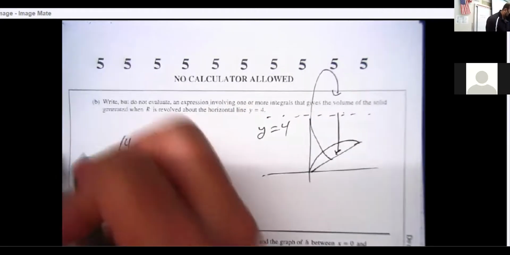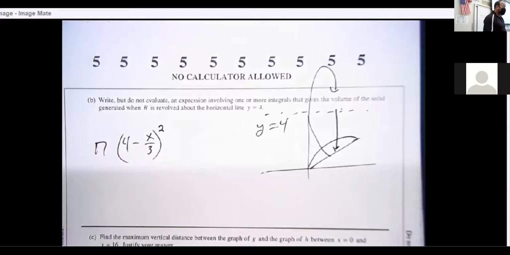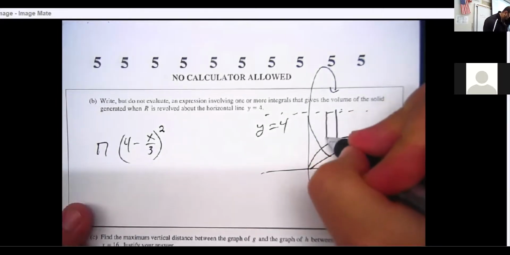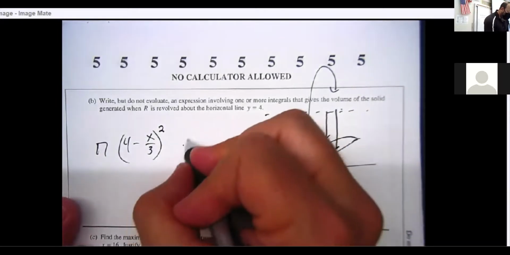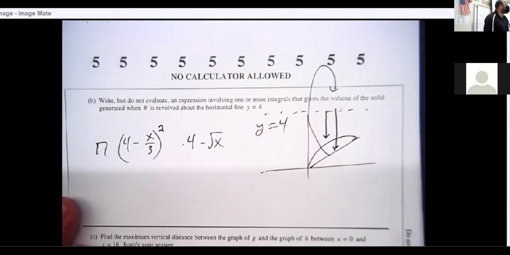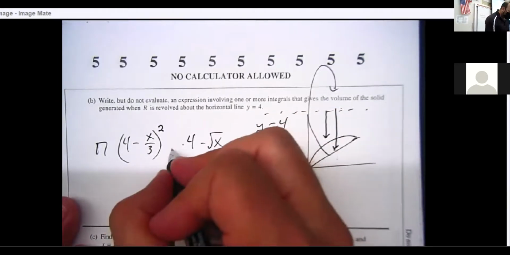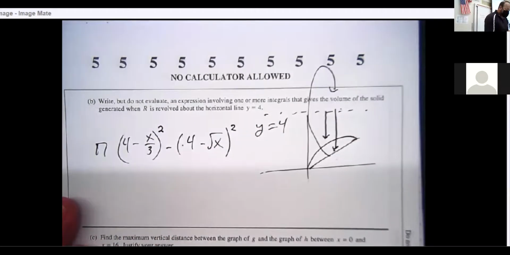So that is pi r squared. What about this one right here? That's 4 minus the square root of x. So remember, all we did is we did the inside and the outside, and we subtracted them.